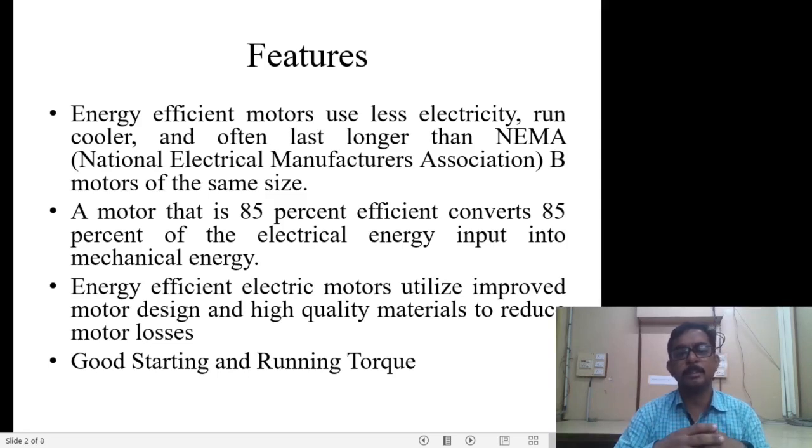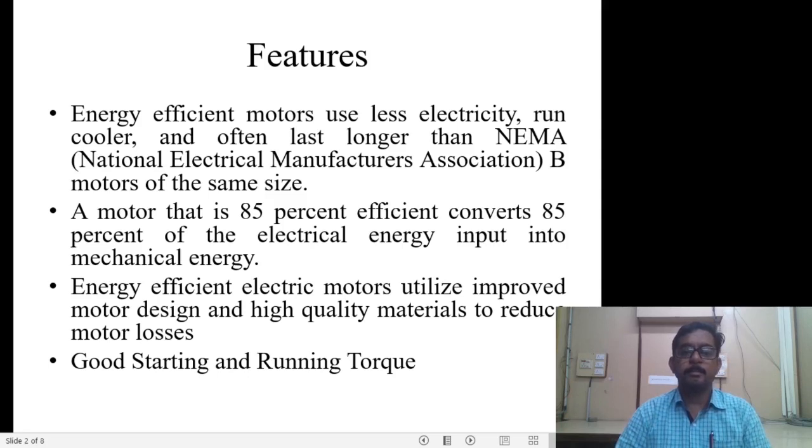They use less electricity, that is, they conserve electrical energy and consume a lesser amount of power. An example: if an induction motor is of 85% efficiency, it converts 85% of the electrical energy into mechanical energy.